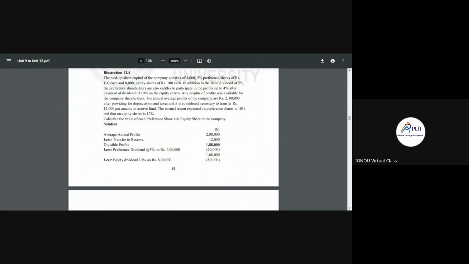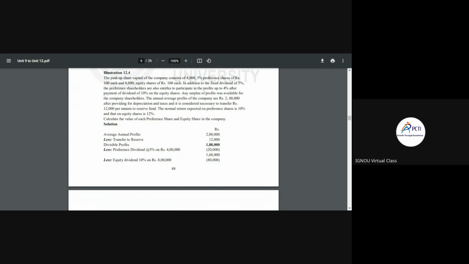The annual average profit of the company is rupees 2 lakh. After providing for depreciation and taxes, it is considered necessary to transfer rupees 12,000 per annum to reserve fund. The normal return expected on preference shares is 10%, and that on equity shares is 12%.